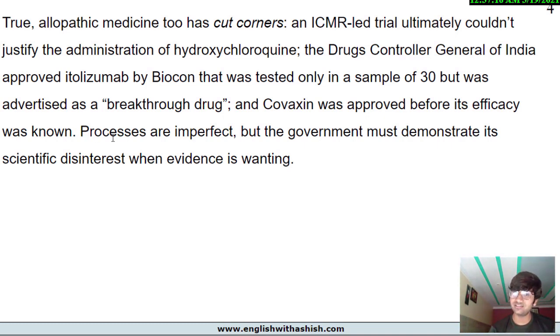Next sentence, processes are imperfect. Processes are imperfect. Subject, linking verb, adjective, subject complement. Noun, linking verb, adjective, which is the subject complement. Processes are imperfect, but the government must demonstrate its scientific disinterest when evidence is wanting, right? First clause, processes are imperfect, but coordinating conjunction.